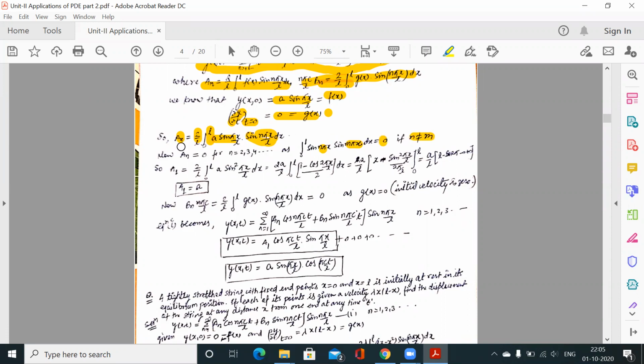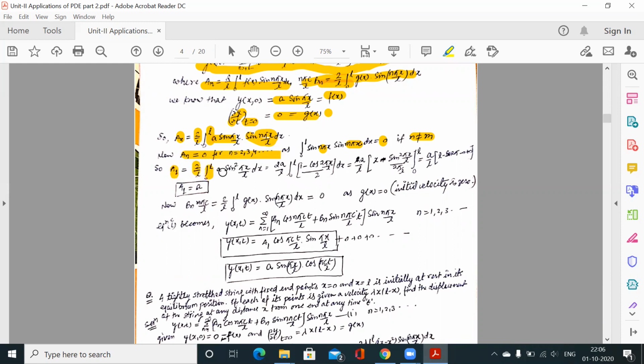And what is n? n is either 1, 2, 3, 4 or up to infinity. So if we calculate a1, this is sine pi x by L into sine pi x by L. This will be non-zero. Otherwise all an would be 0, because sine 1 pi x by L is fixed. We are changing the n value. So for 2, 3, 4, 5, for all those values, the angles are different. So all an are 0 for n equal to 2, 3, 4 up to infinity. Only a1 is non-zero. So 2 by L.